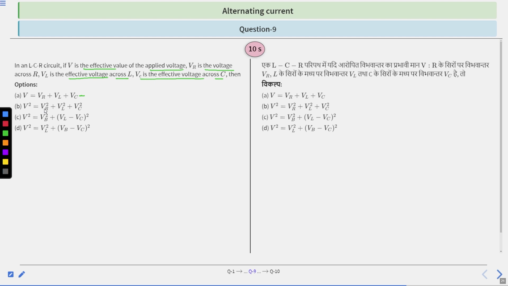Option B, V square equals VR square plus VL square plus VC square. Option C, V square equals VR square plus (VL minus VC) whole square. And option D, V square equals VL square plus (VR minus VC) whole square. Which option is correct? You have 10 seconds to solve this question. After 10 seconds, we will provide the solution.